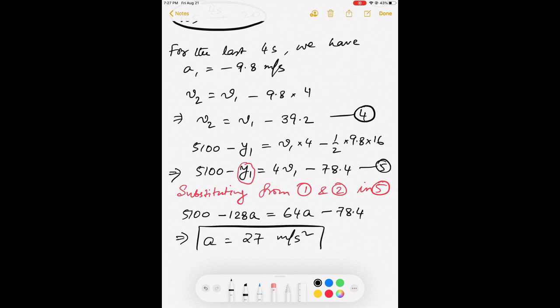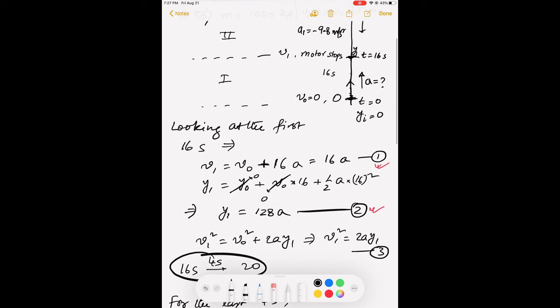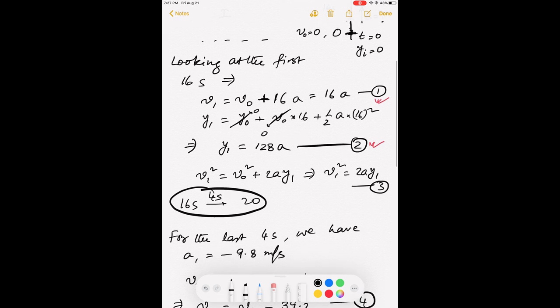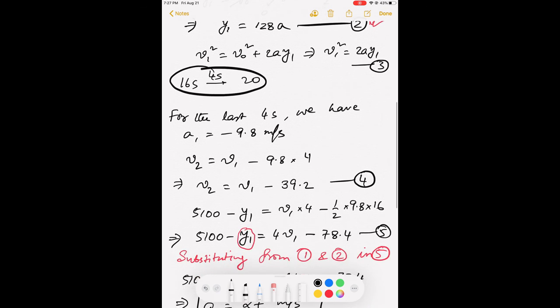Okay, so we have successfully solved for the acceleration with which the rocket was moving initially, and that was asked in the question.